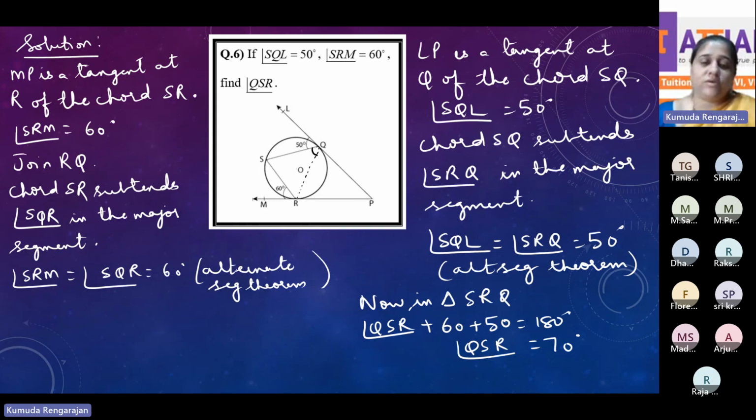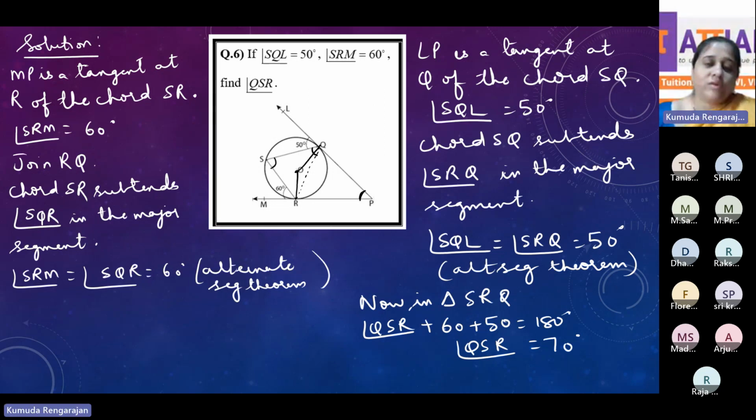So now you can even find, if you're asked to find the measure of this angle. Proceeding with what we have so far, this is the center of the circle. Join like this.